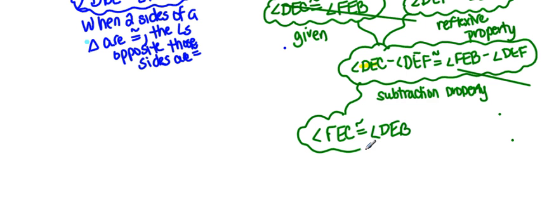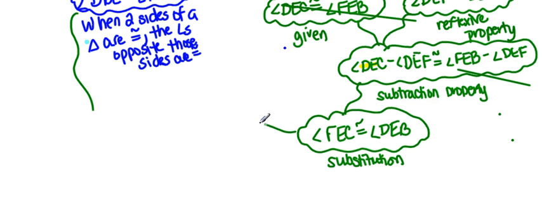And that's just substitution. So pulling these pairs of angles together, we've got a pair of triangles that are similar.